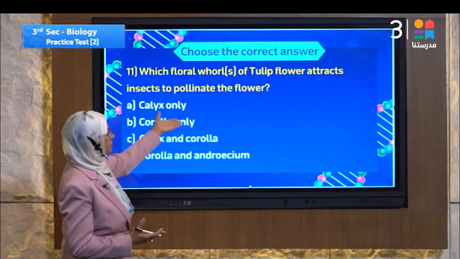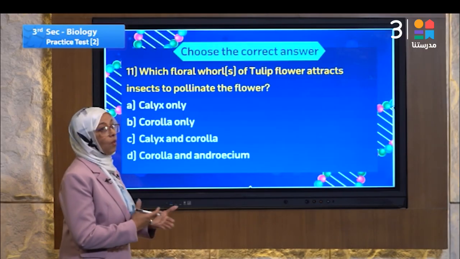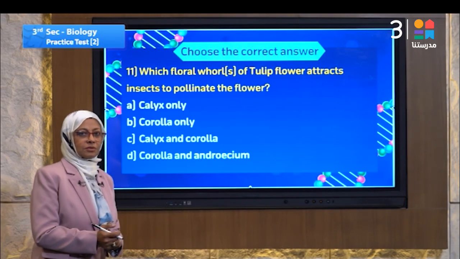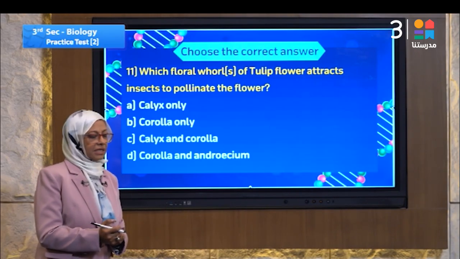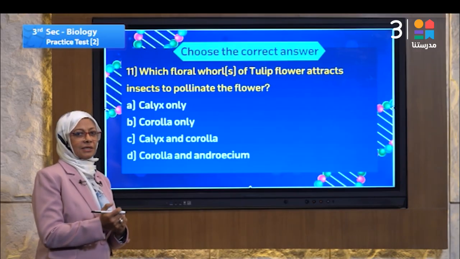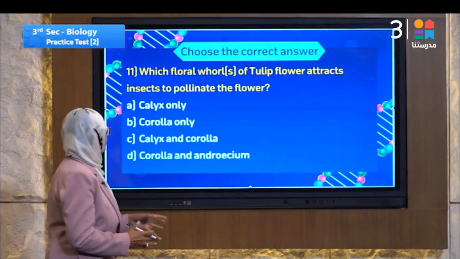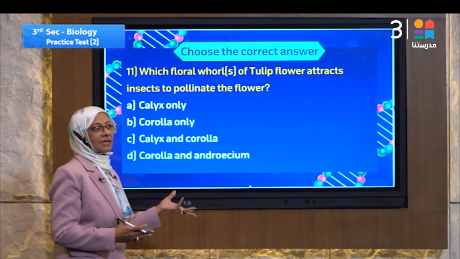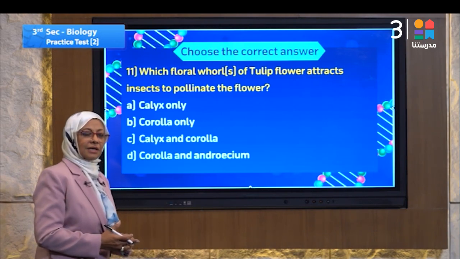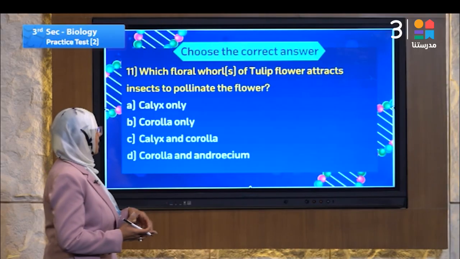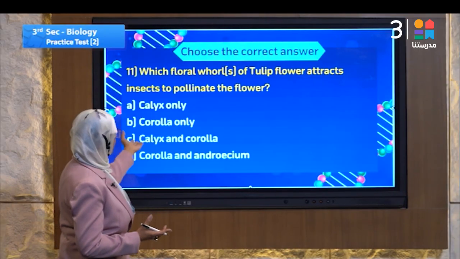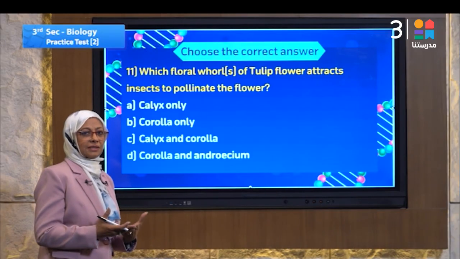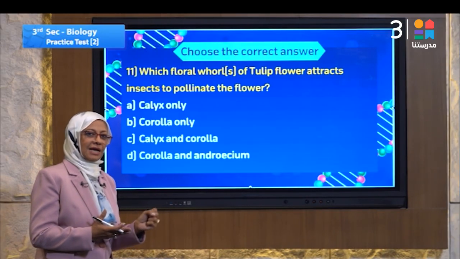Choice A, calyx only. The calyx in almost all flowers has a green color. It's not there to attract the insect. Corolla only. The corolla has colored parts, and it is spread in all types of flower, and it is a colored part which attracts the insect.